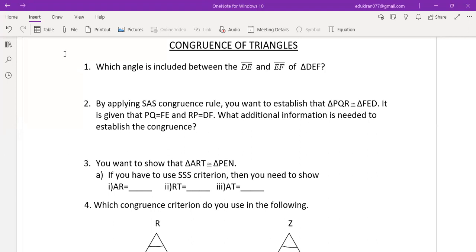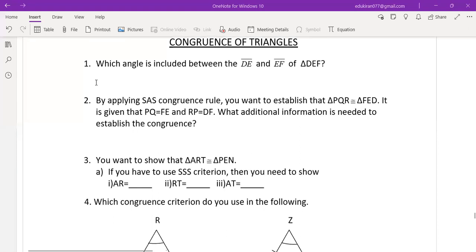Yes, you can draw. Triangles are basically what you have to draw in this chapter because that is going to fetch you the marks. Plus, they will make the question easier for you. Because instead of reading the question again and again, if you draw the figure, you can automatically see and check whether this is equal to this or not.